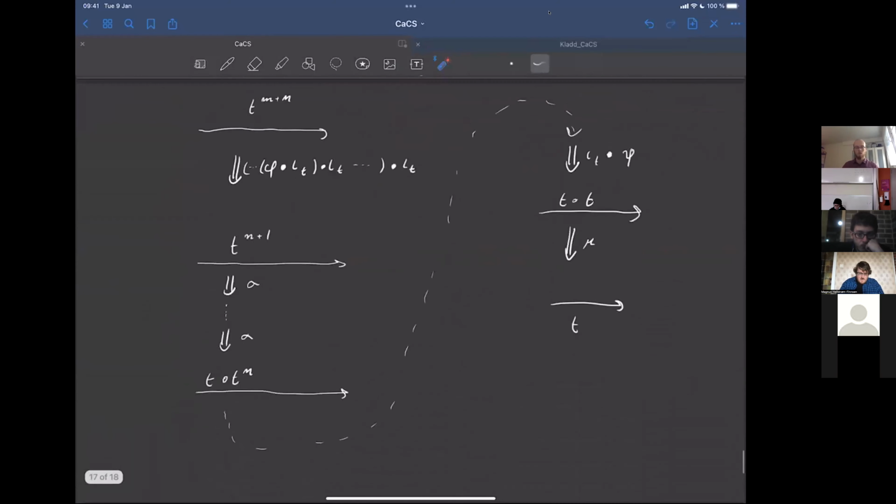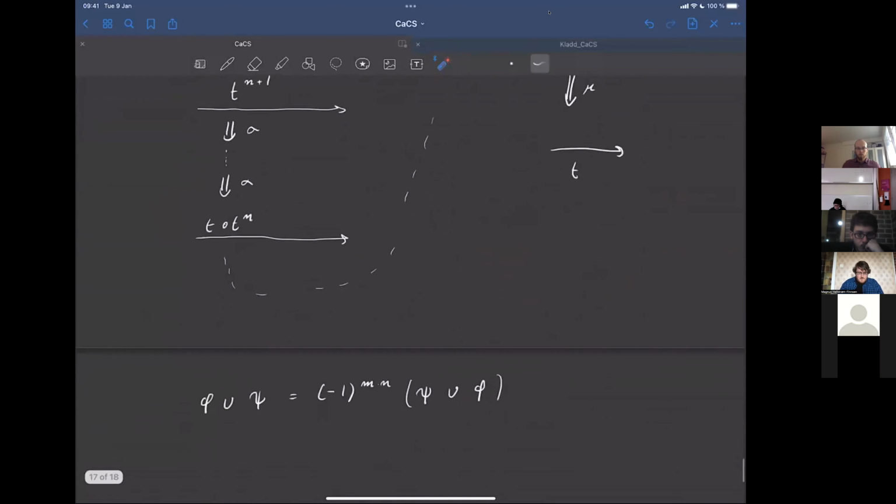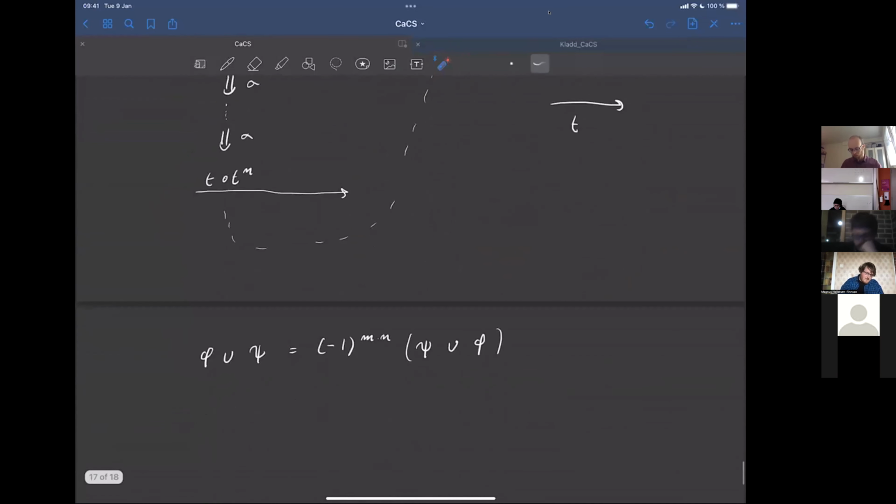This is some detail about how this product is defined, and this coproduct makes the cohomology ring graded commutative. Thank you for your attention.